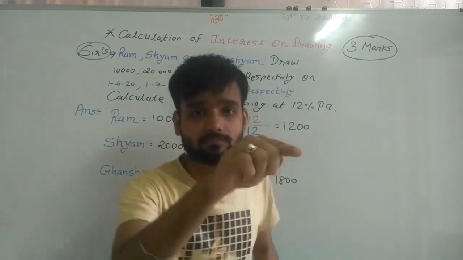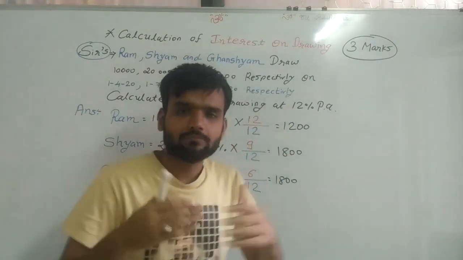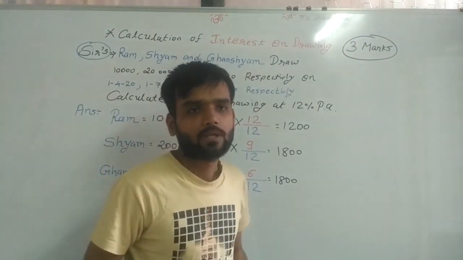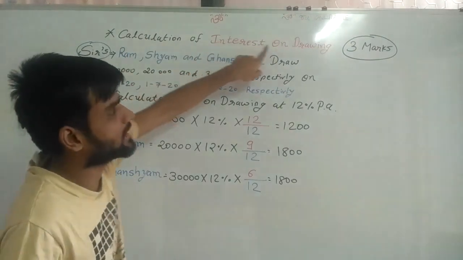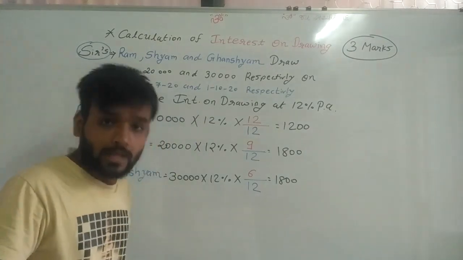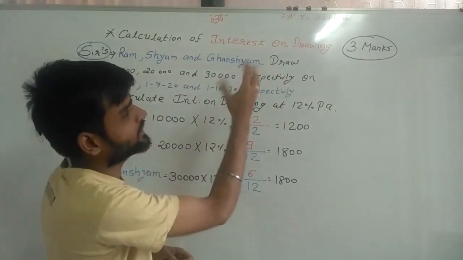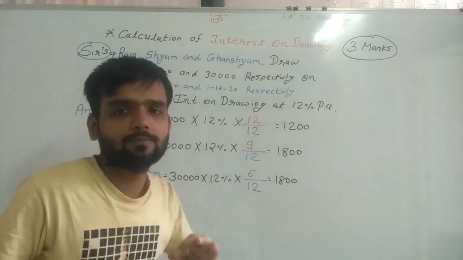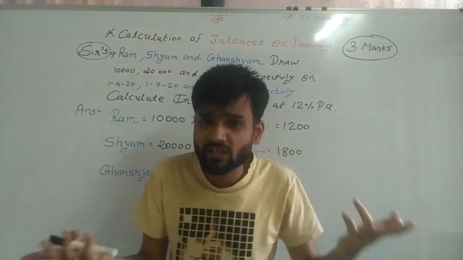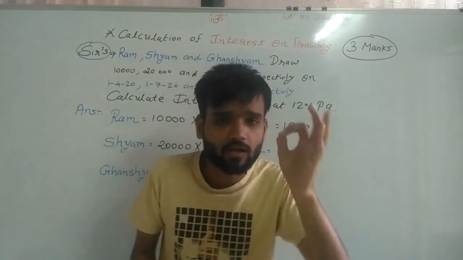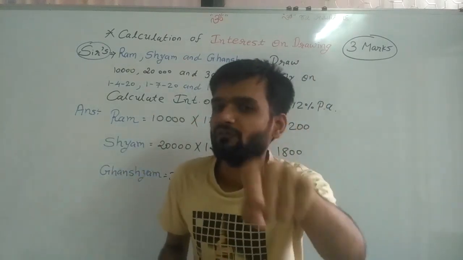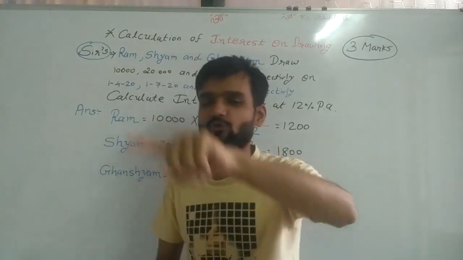But to do those sums, I make them in different parts. The first part is calculation of interest on drawing. As per my nature, I always first explain my own sum, and then we do the sums from the textbook.